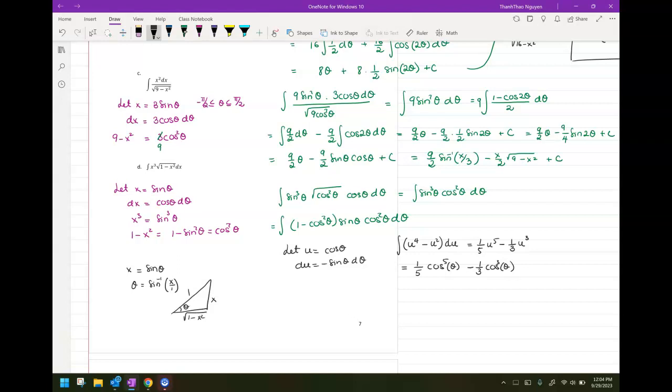So cosine of theta is equal to the square root of 1 minus x squared. The answer is 1/5 times the square root of 1 minus x squared to the fifth minus 1/3 times the square root of 1 minus x squared to the third plus a constant c.